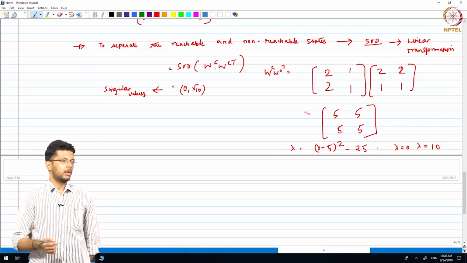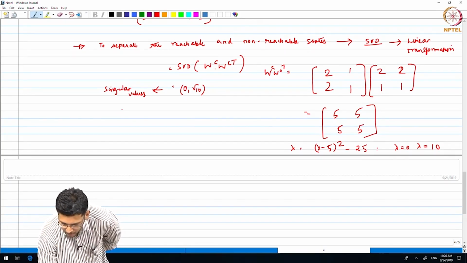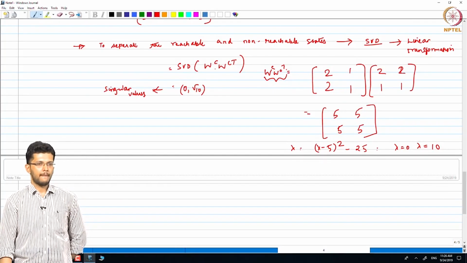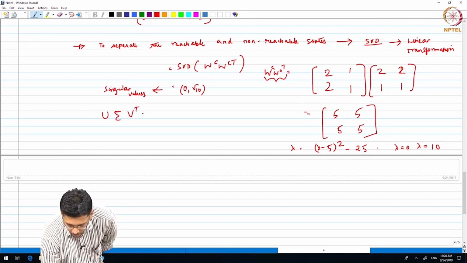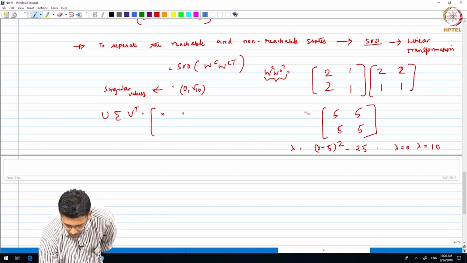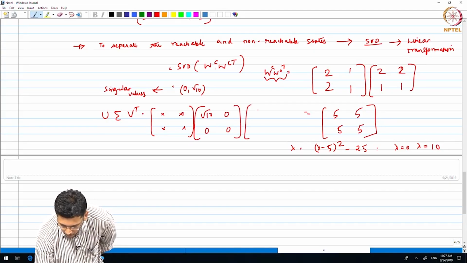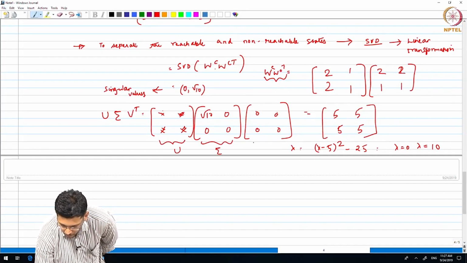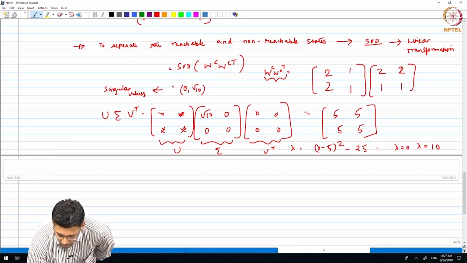Then we have to find your U and V matrices. The U matrix is the eigenvector of this. So this root 10 is your singular value.